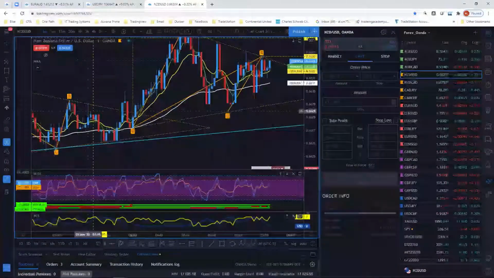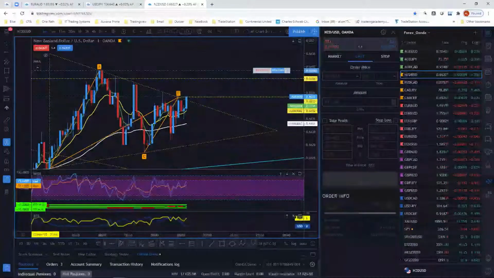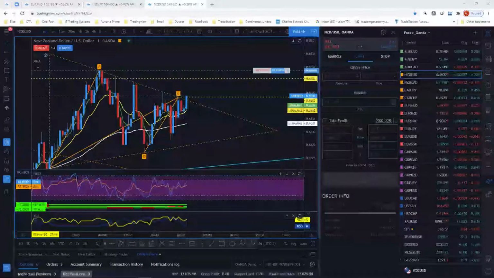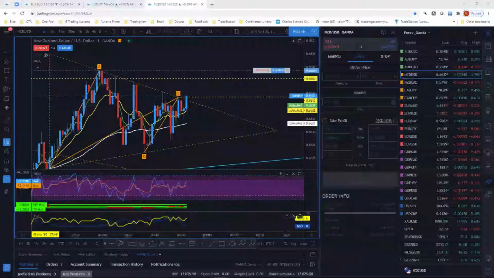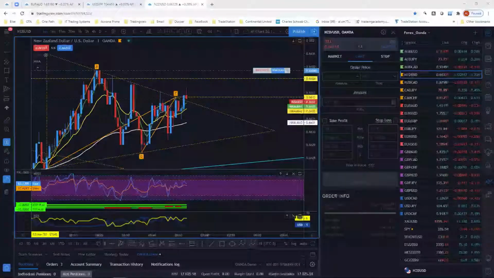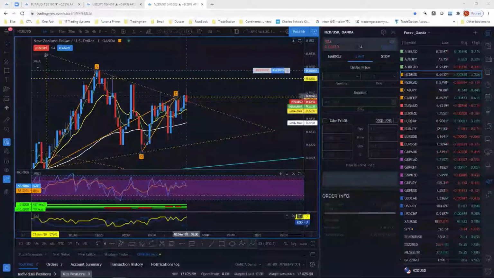This was the original wedge off of the alert. Strong move up. Did break the C, didn't close above it.